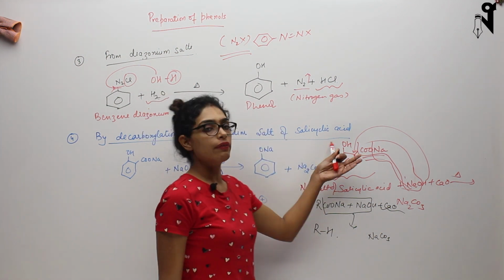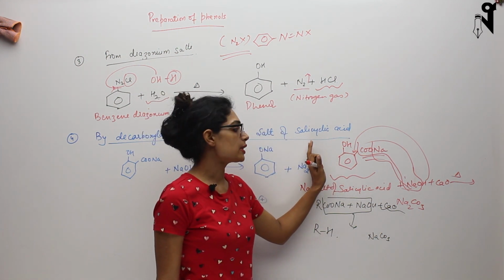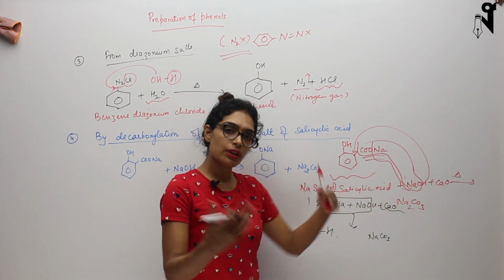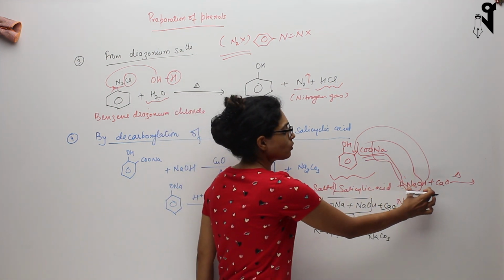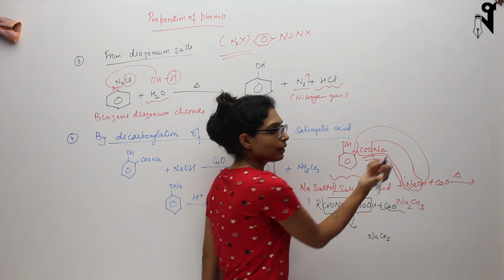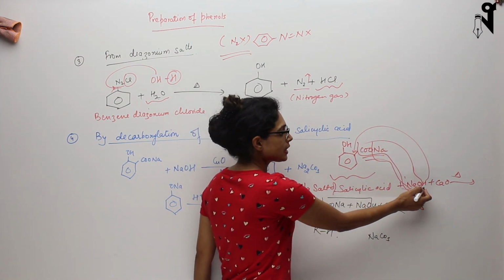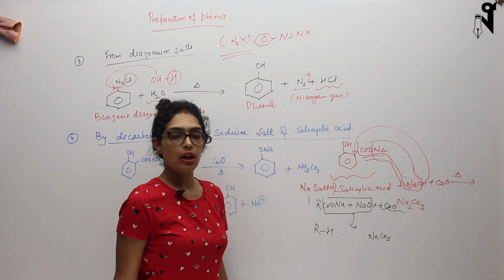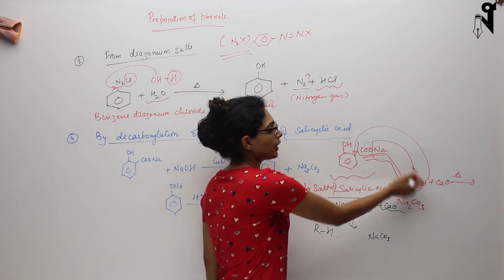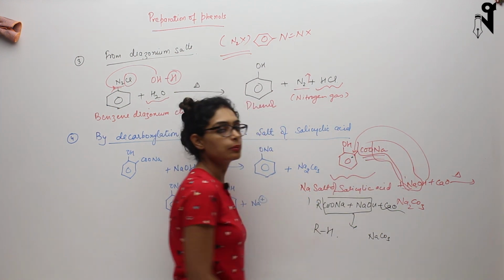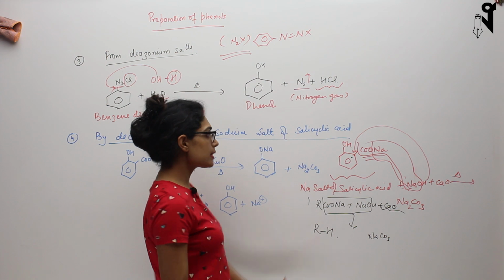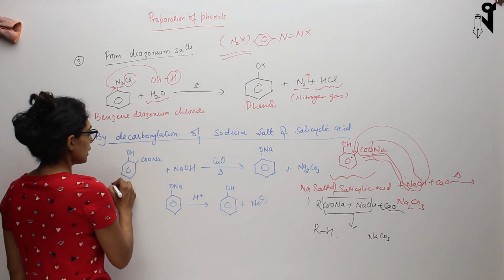So irrespective of whatever the sodium salt of the carboxylic acid is, if we are using soda lime, it will behave in exactly the same manner. NaOH will give its Na and take out COONa to form Na2CO3. This hydrogen will replace the COONa at this position and form the alkane. Okay, so this is what exactly we are doing over here.